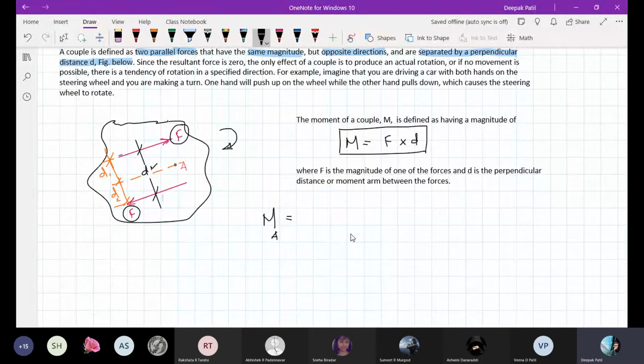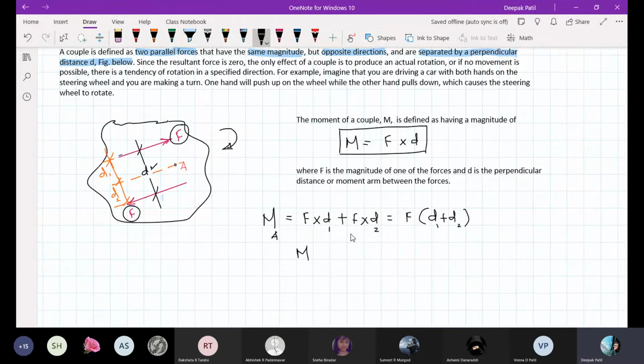Let me take this force first. This force at A is causing a clockwise movement, so I should write it as force multiplied by the perpendicular distance, that is F times D1. And this force is also causing a clockwise movement, so I should take it as plus F times D2. Now I can take F common, so D1 plus D2.